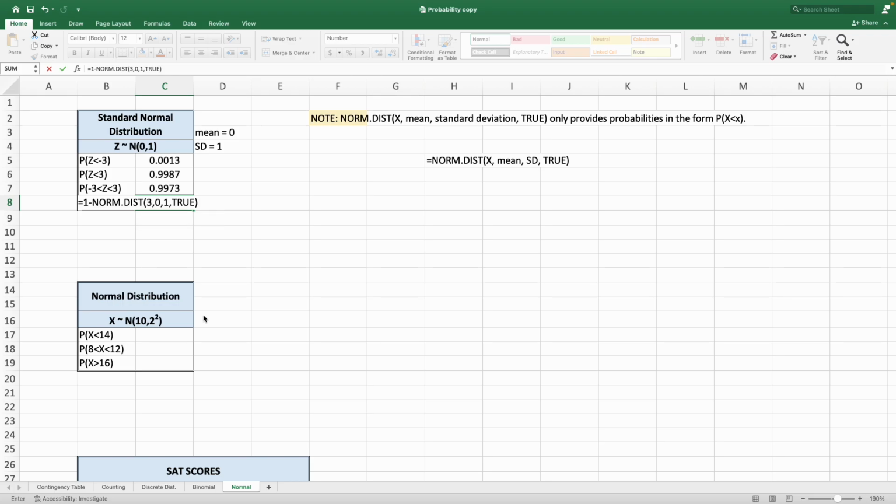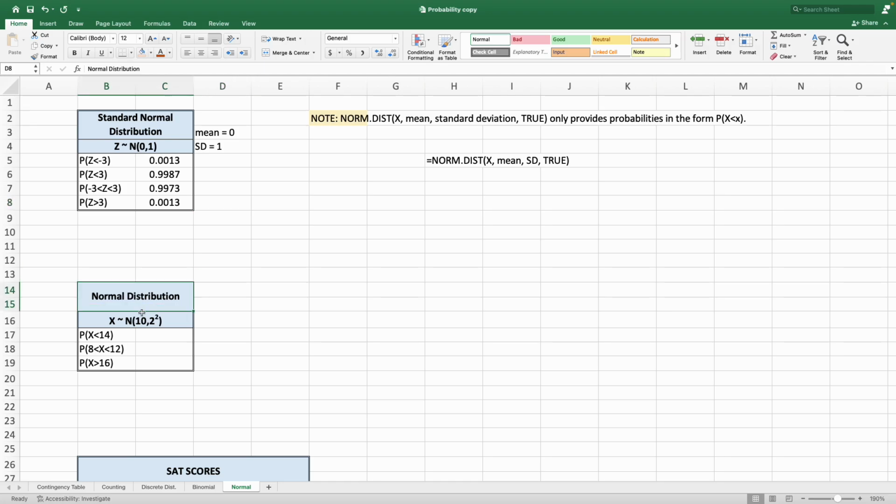Close parenthesis, enter. So just notice that if we do equals 1 minus z less than 3, we're going to get 0.0013 as well. Or just note that the probability z is less than negative 3 is the same as probability of z bigger than 3, because we know that the normal distribution is symmetric, and so we expect those to be the same.